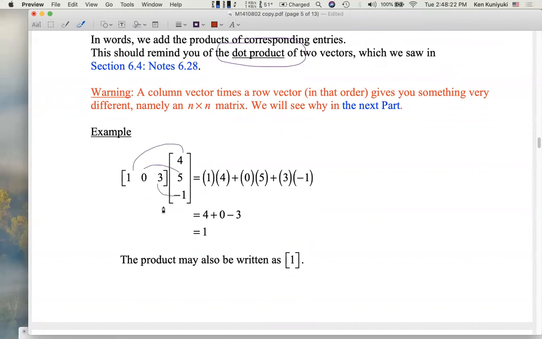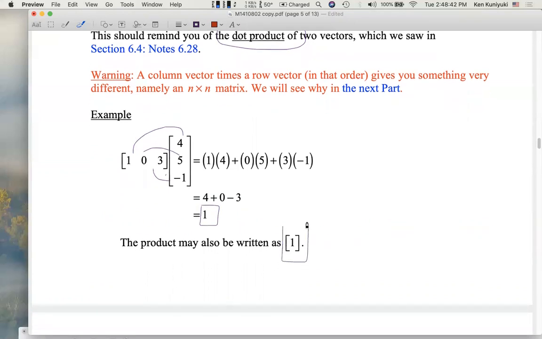Again, remember for dot products, if you're like me and you tend to miswrite things, you might want to write down the products without writing all this, whatever works for you. 4 plus 0 plus minus 3, we get 1. Either 1 or the one-by-one matrix containing 1. Again, it depends on the context. Basically, it's the idea that the dot product yields a scalar.